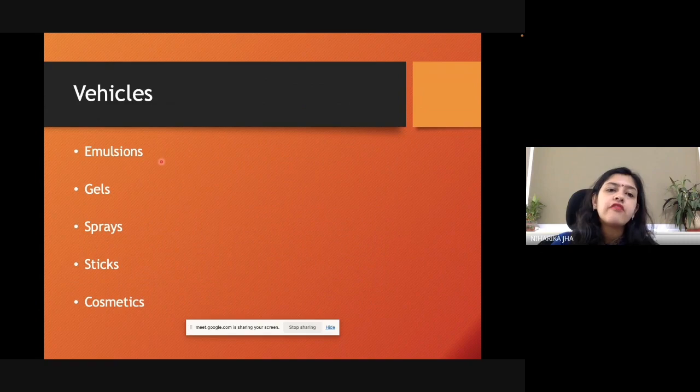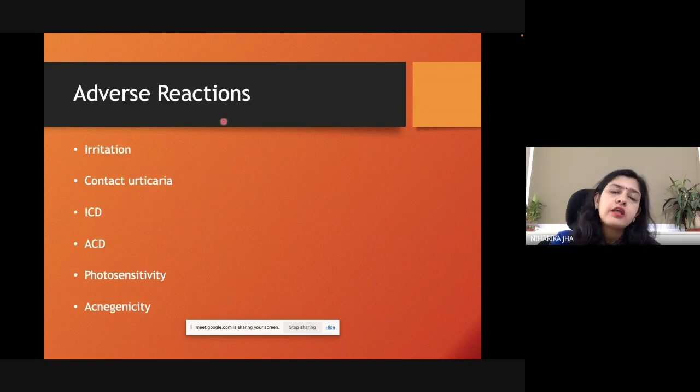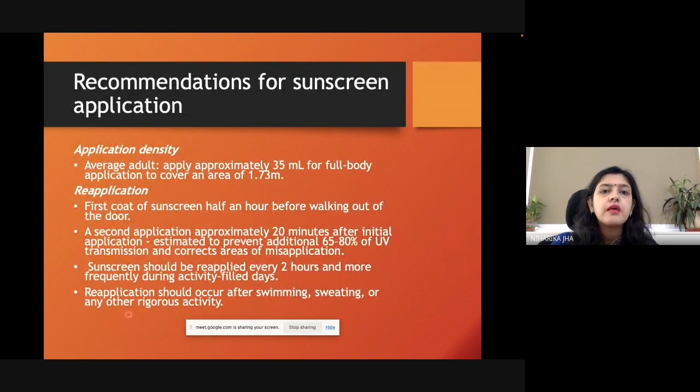It's available in the form of cream, emulsion, sprays, and sticks. Adverse reactions associated with sunscreen include irritation, contact urticaria, contact dermatitis, both irritant as well as allergic, photosensitivity, and acnegenicity. Some sunscreens can actually result in acne-form eruptions, and in those patients, we should prefer using gel-based sunscreens which have non-comedogenic effects.